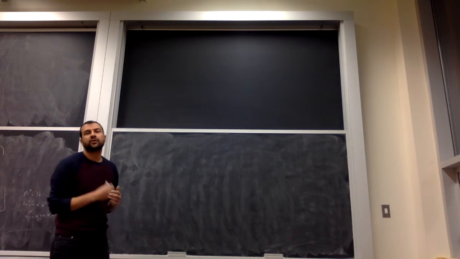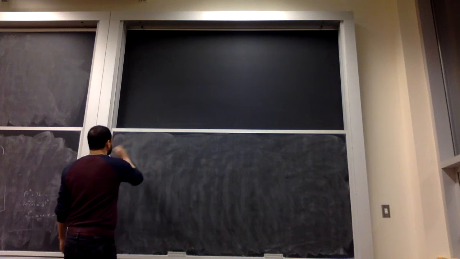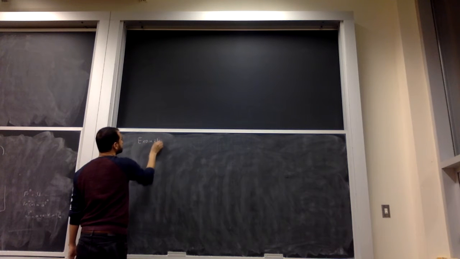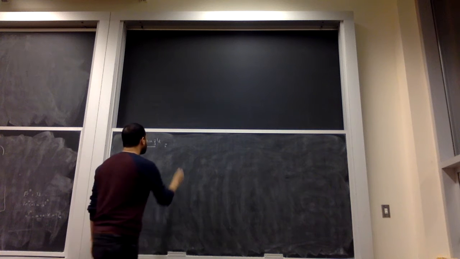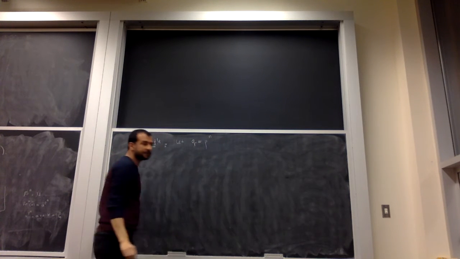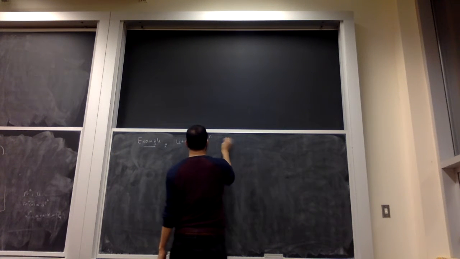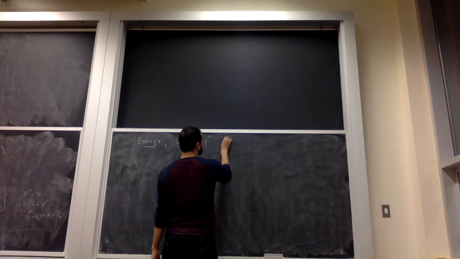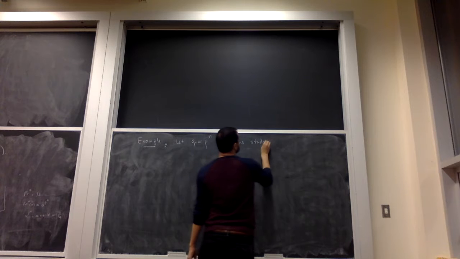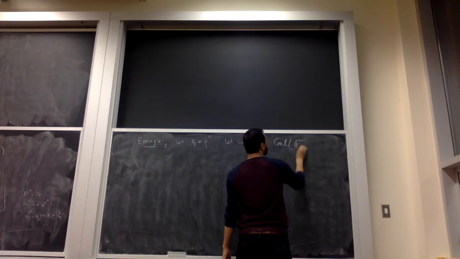Okay, let's do one more example of calculating Galois groups. Let Q be p to the power of n, p a prime number, and let us study the Galois group of F_Q.